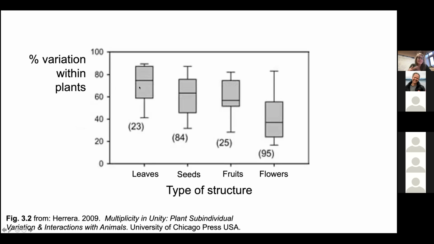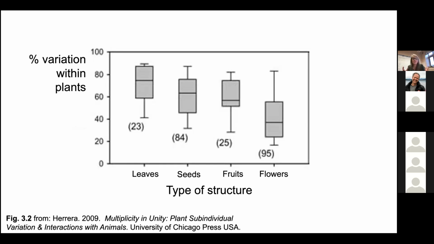The variance within plants was also high for traits related to seeds, traits related to fruits, and even for traits related to flowers. And flowers are structures that we expect to be pretty conservative in their construction because they're so important for plant mating. But even for flowers, the median value was about 40% of the variance in a floral trait was occurring within individuals rather than among individuals within a population.